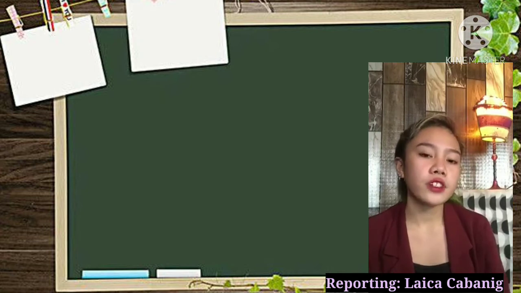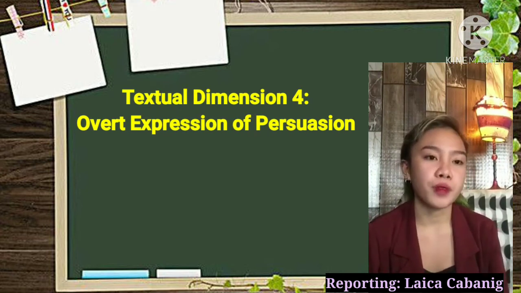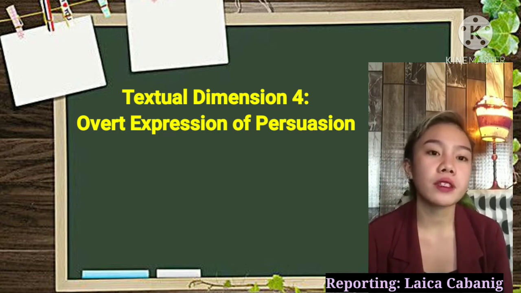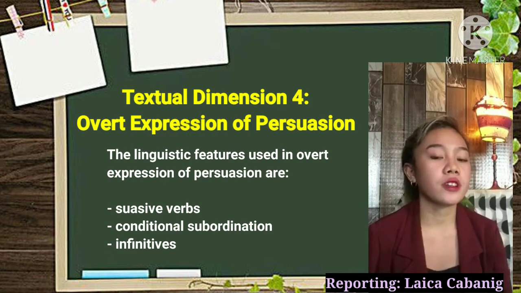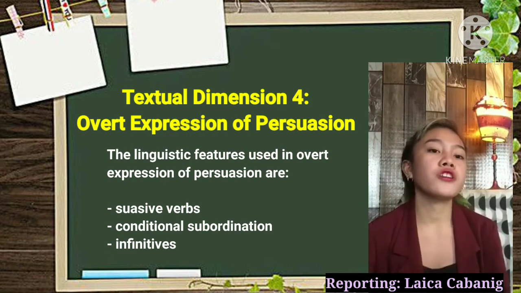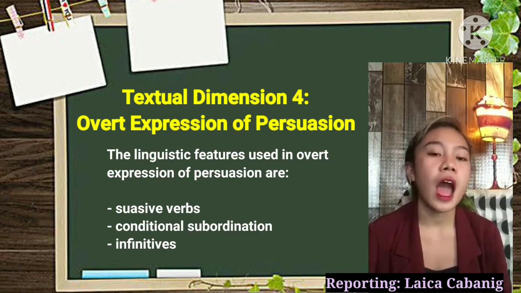The fourth textual dimension that I am going to discuss is the overt expression of persuasion. This dimension is characterized by prediction and necessity modals, suasive verbs such as command and demand, and conditional subordination, which are dependent clauses used to describe a condition about something that may or may not happen.